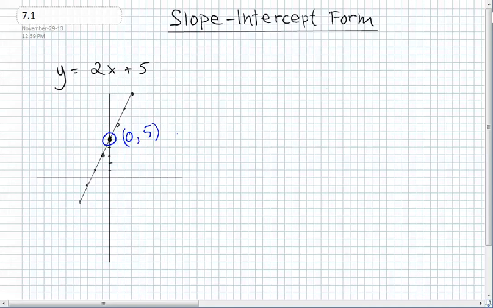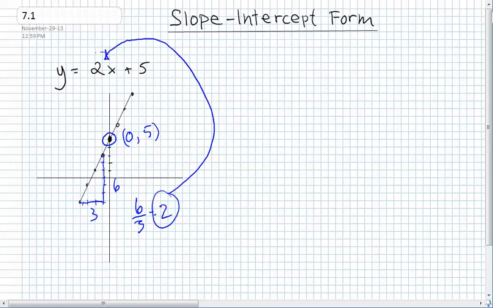And then if you wanted to calculate the slope, take any 2 points, say these 2 points here, and the rise over the run, well, 1, 2, 3, 4, 5, 6. 6 over 1, 2, 3. 6 over 3 is 2. Okay? And so that's where this comes from, and this is where that comes from.